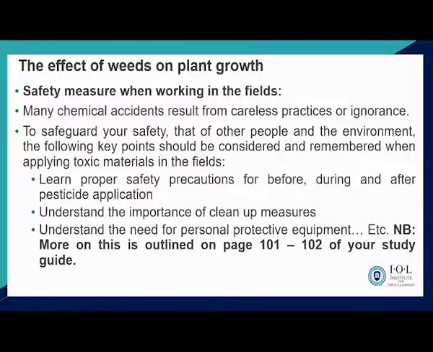Very important. You also need to understand the importance of clean up measures. Should there be a spill, how do you clean it up? You also need to understand the need for personal protective equipment or PPE.